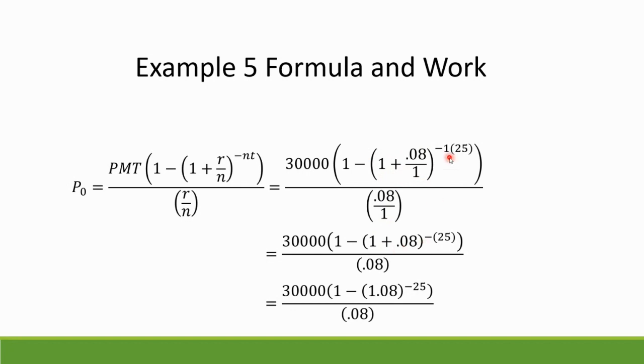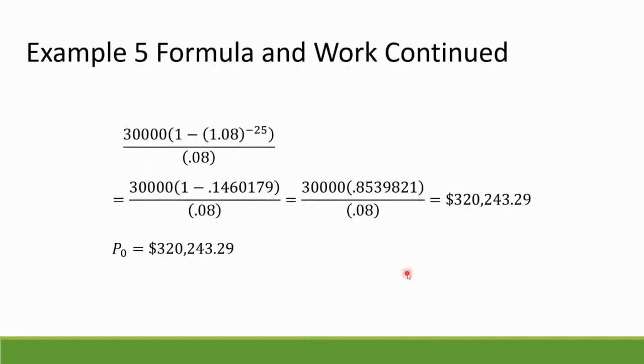The exponent, let's handle that next. That's negative 25. So we have this so far, okay? Now we want to do 1.08 raised to the negative 25. You can use a calculator for that. I definitely would. You get 0.1460179.